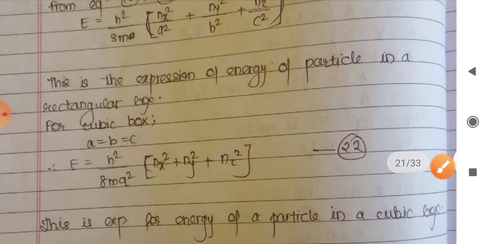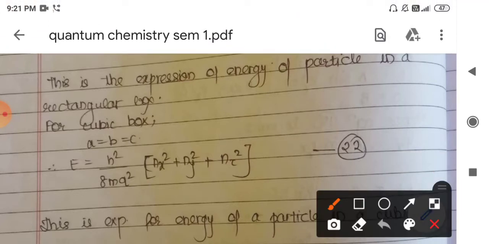Suppose that the particle is placed in a cubical box. What do we mean by a cubical box? Not a rectangular one, it should be a cubic box. A cubic box has all three sides equal. That means a is equal to b, which is equal to c. So for a I can write a, for b also I can write a, and for c I can write a.